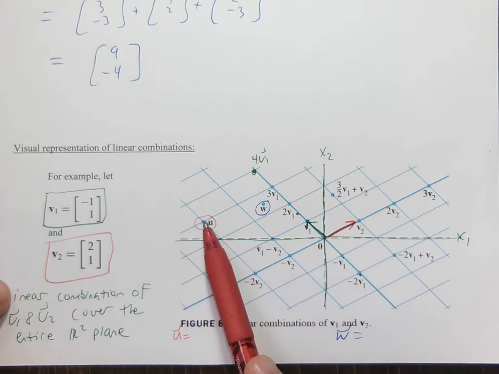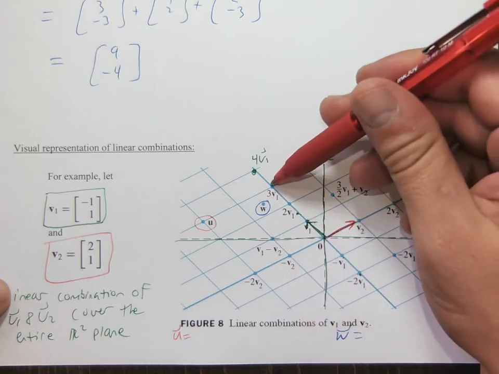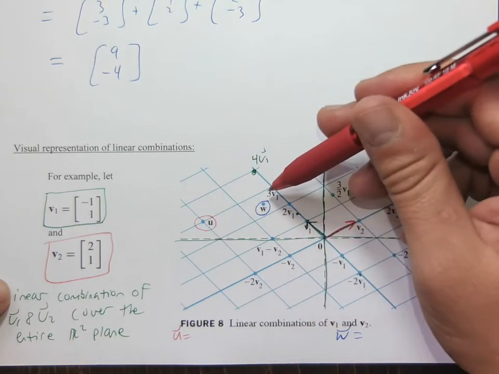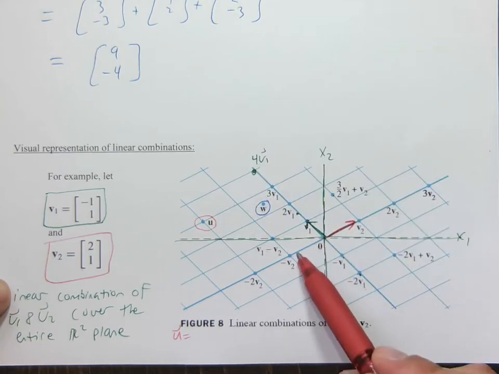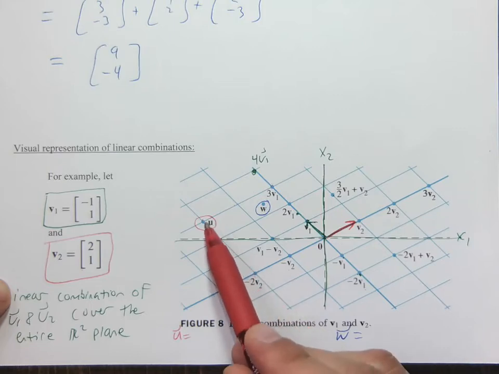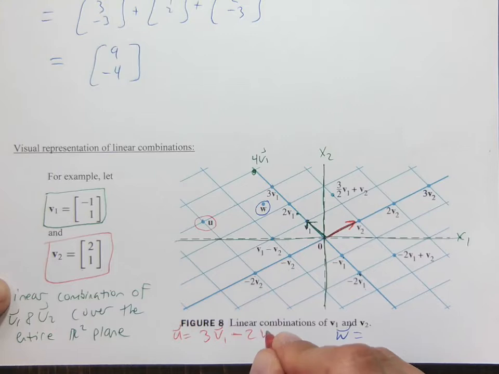Well, if I want to get up here, I want to go this direction, right? So I can go 3 directions of v1. And then I want to go this way 2 steps. And this way 2 steps would be going v2 in the negative direction, right? So this u right here is 3 steps in the v1 direction, and then 2 steps in the minus v2 direction, right?